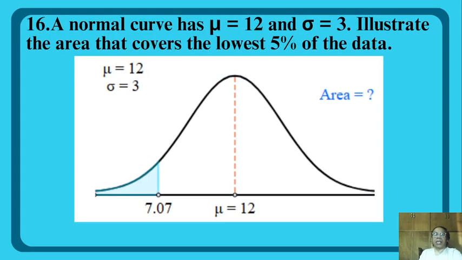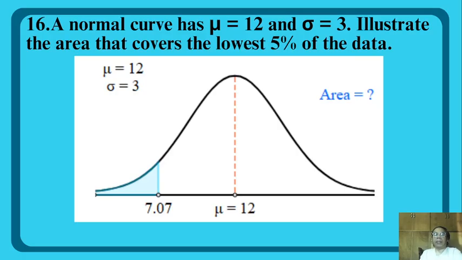Number 16. A normal curve has a mean of 12 and standard deviation equal to 3. Illustrate the area that covers the lowest 5% of the data.